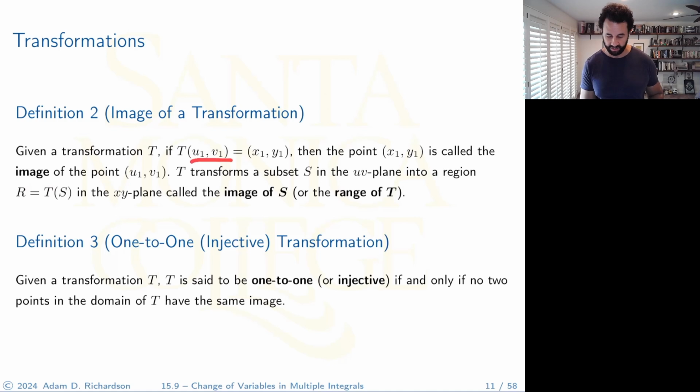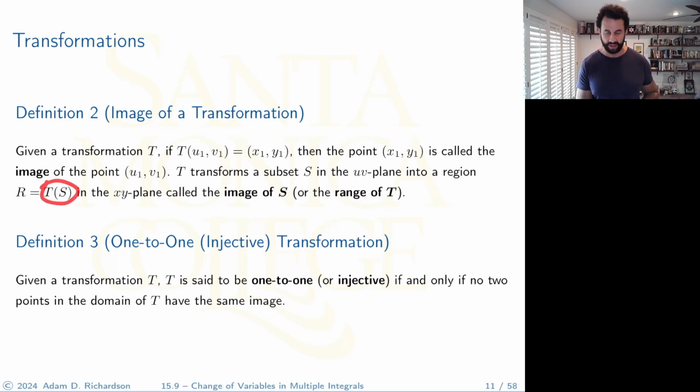So we take U1 and V1 and it goes to X1, Y1, and X1, Y1 is the image of this point. So what's happening here is T is transforming a subset S in the UV plane into a region R, which is the image of S in the XY plane.